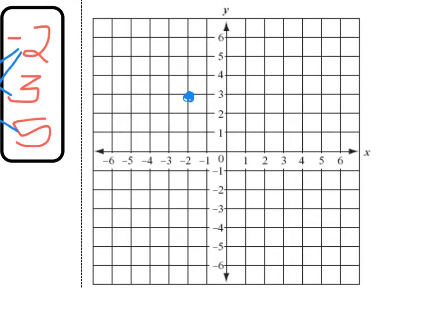Then we have (-1, -2). And (2, 5), which is up here. And (5, -2). And that's how we graph our ordered pairs.